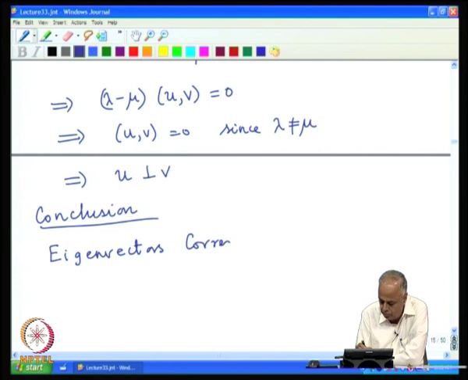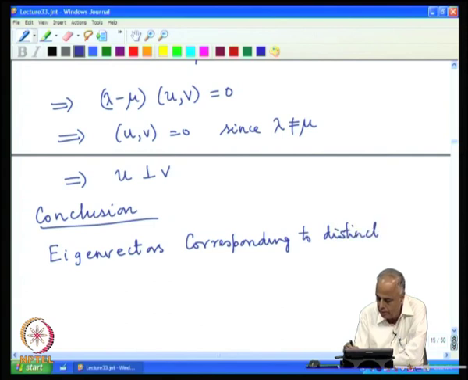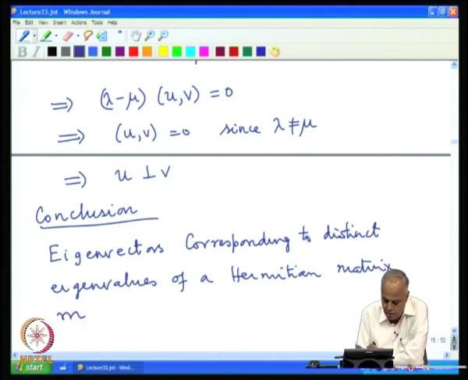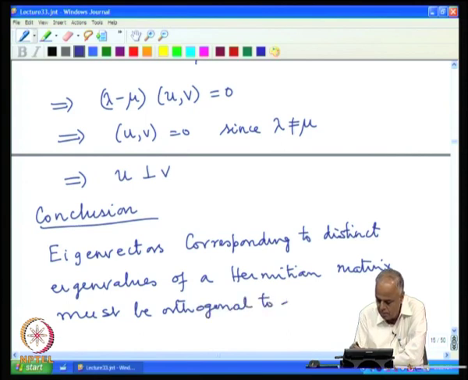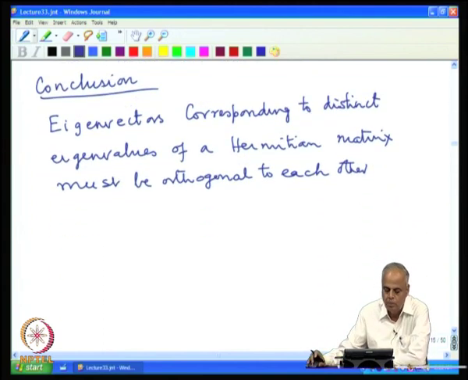Eigenvectors corresponding to distinct eigenvalues of a Hermitian matrix must be orthogonal to each other. So, the eigenvectors are nicely structured, they are orthogonal to each other.